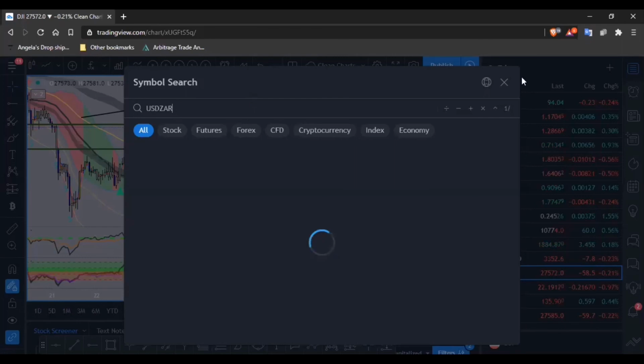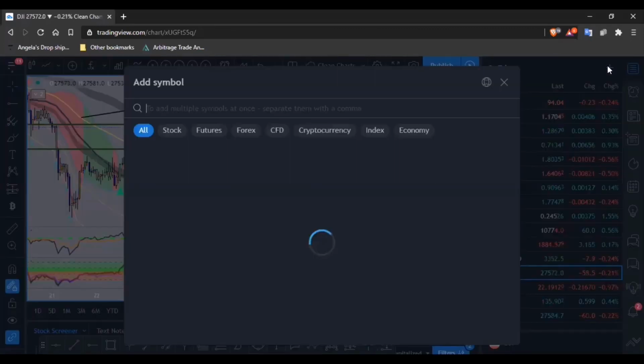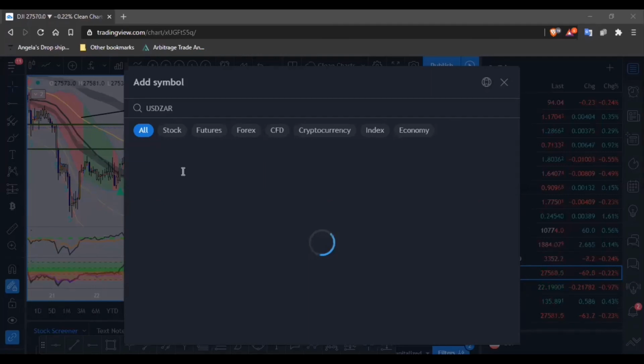It doesn't even want to pop up. I have a better idea. Or I guess not. It doesn't even want to pop up.